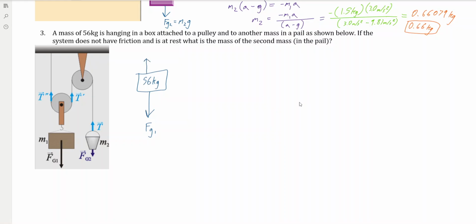We've got the force of tension up, and we've got another force of tension up. Because this rope is never broken, they're equal. So there's two forces of tension that are equal to each other.